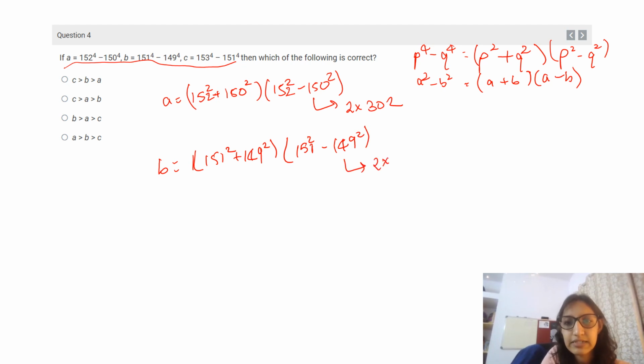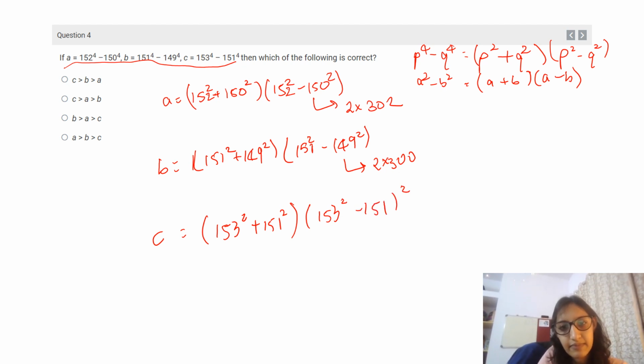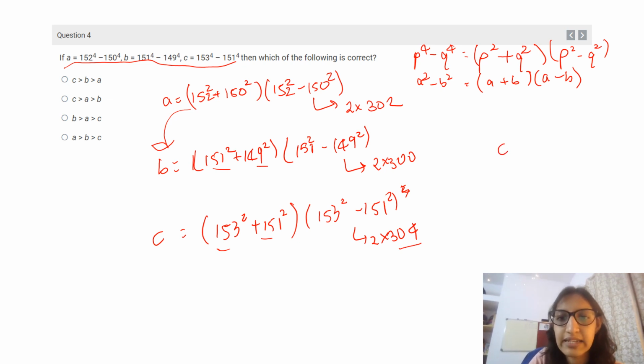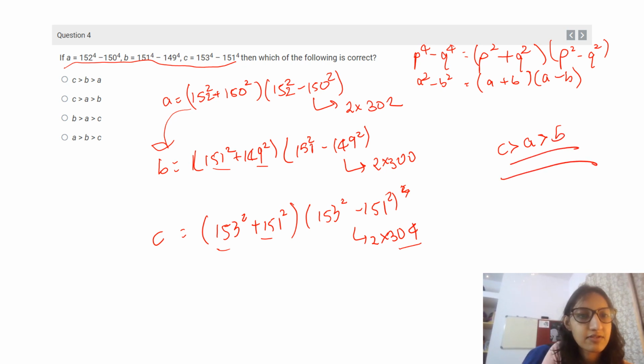This is 2 into 300, and if I write c, it is going to be 153 square plus 151 square into 153 square minus 151 square. Sorry, this will be 2 into 304. Now you can easily see that these two numbers are bigger than this one, and a is greater than b, and 304 is obviously greater than these two, so it's very easy to establish c greater than a greater than b.